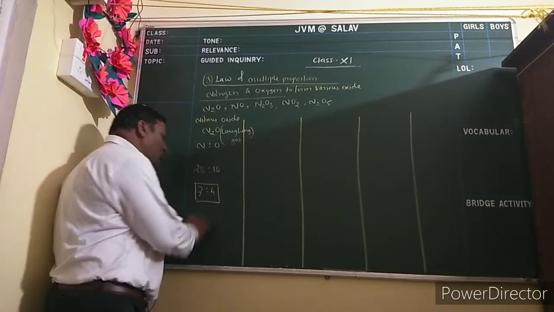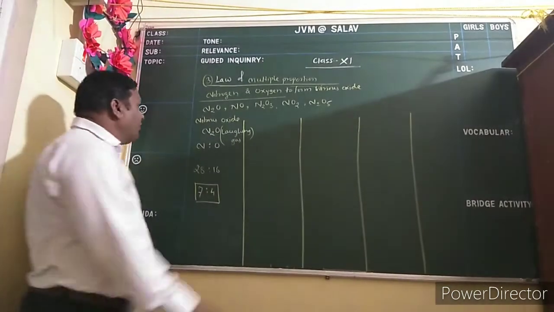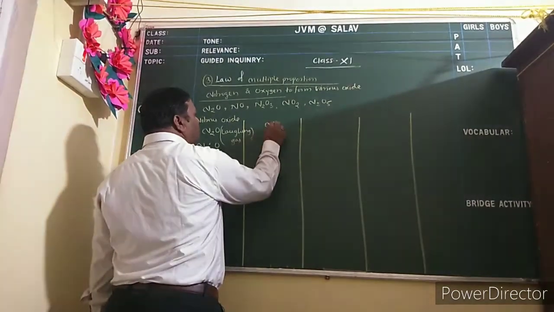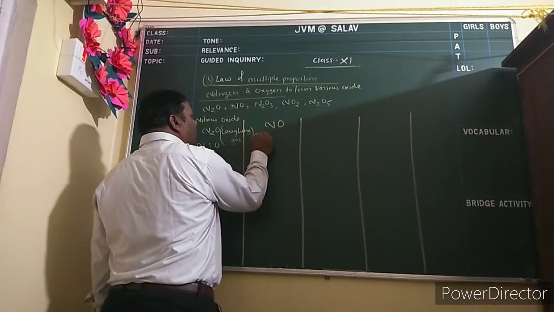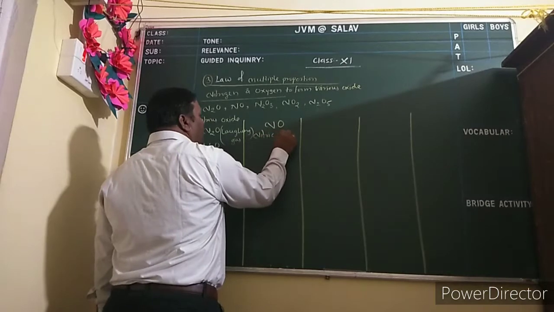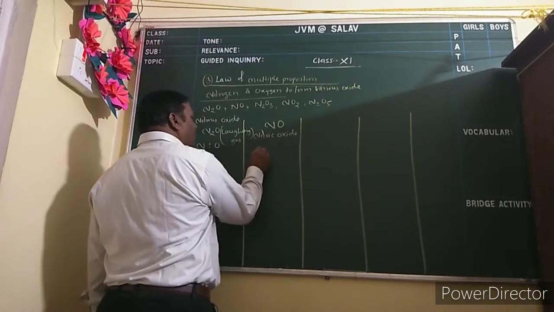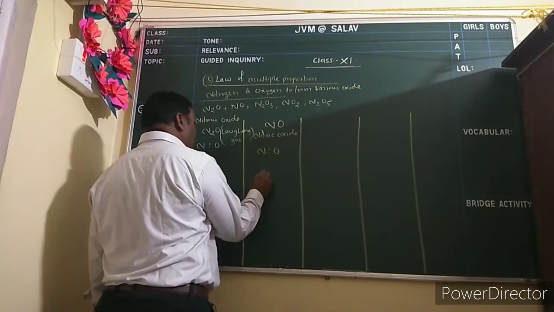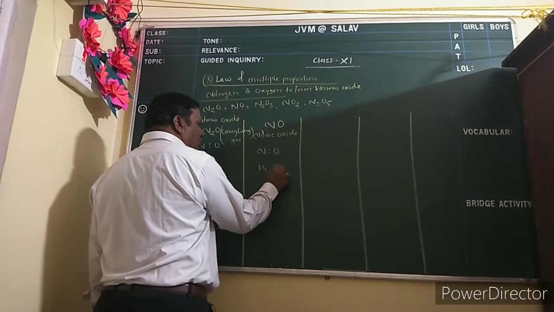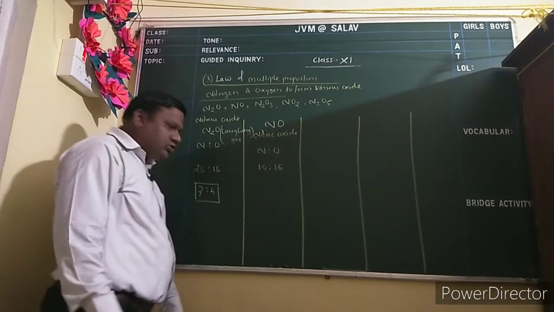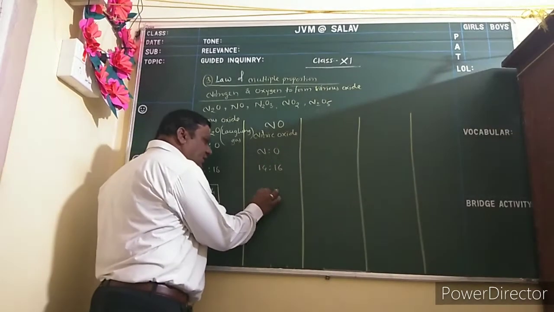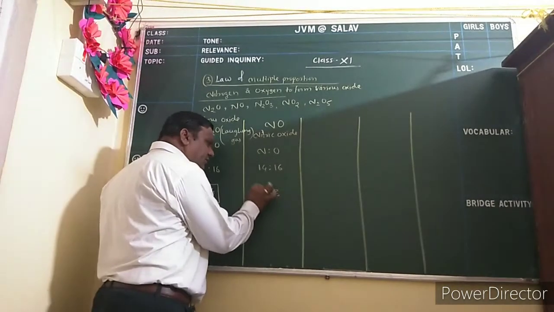7 to 4. Understood? Then NO, nitric oxide. Nitrogen to oxygen is 14 to 16, that is 7 to 8.